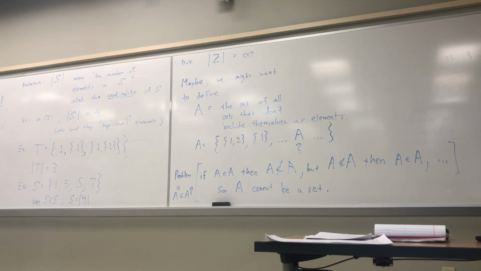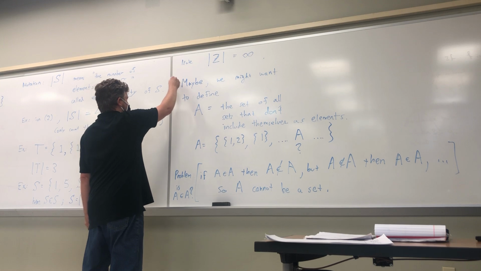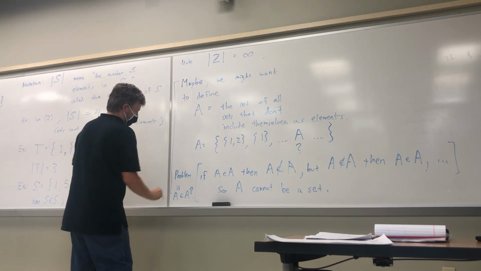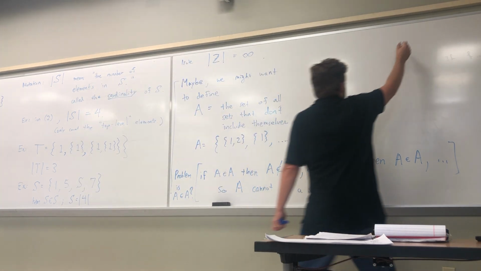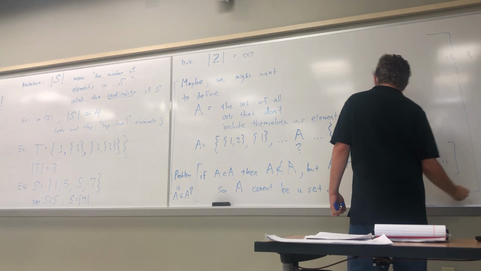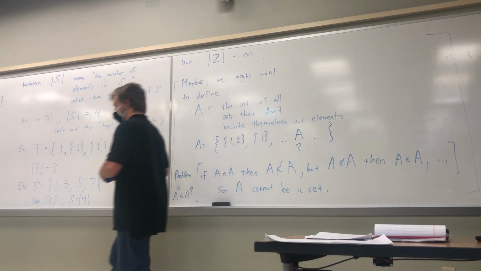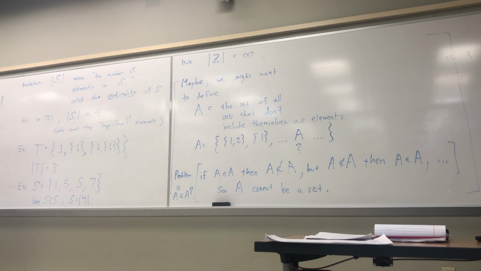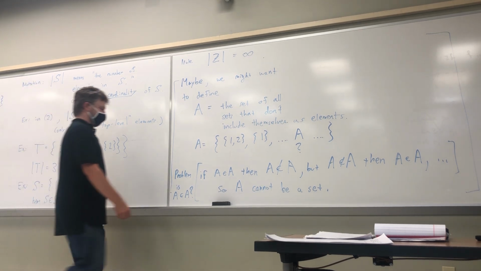You can't decide. So that's mostly for your information here. Not on the test. It's the example of why you have to say that in the first place about being well defined. You have to make sure that it actually has members that are in or out.